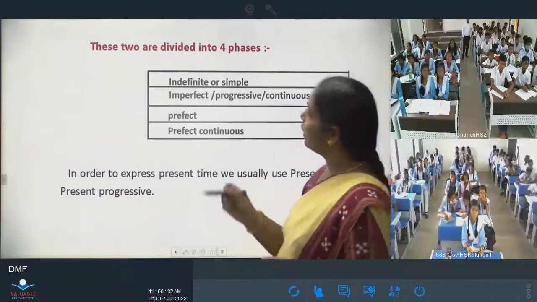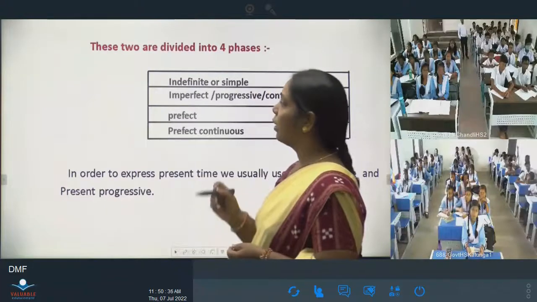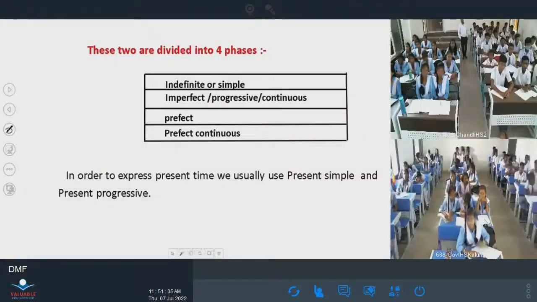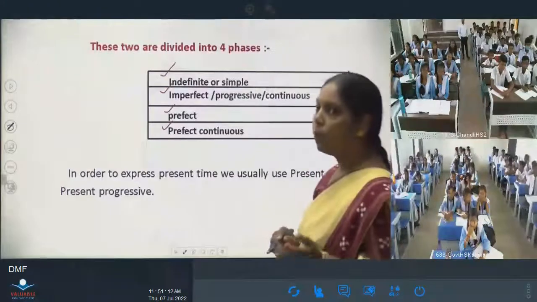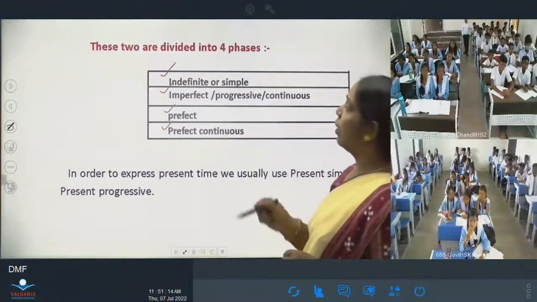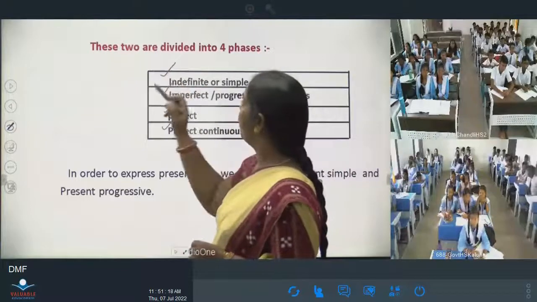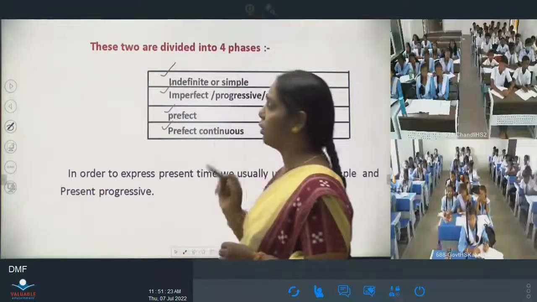These present tense and past tense are divided into four phases. They are indefinite, imperfect, perfect, perfect continuous. So when we say present tense, we say present simple, present progressive, present perfect, present perfect continuous.